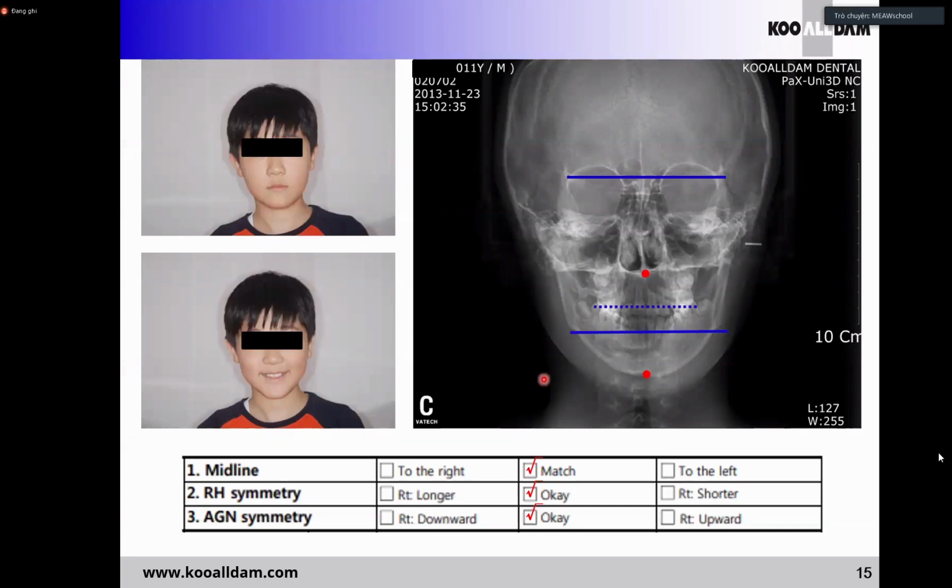This patient in PA view, midline match and ramus height symmetry is okay, gonial angle symmetry is okay. However, in frontal view there are some shoulder difference.